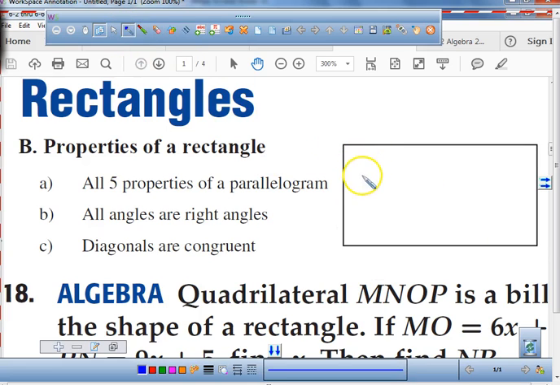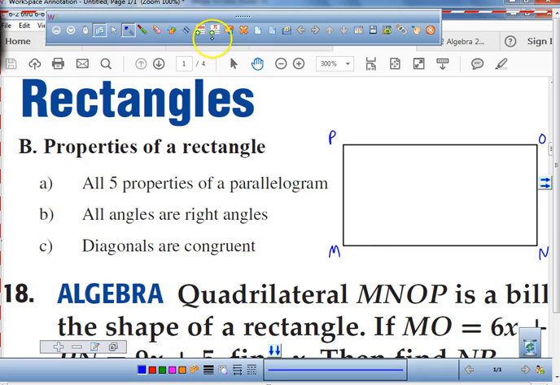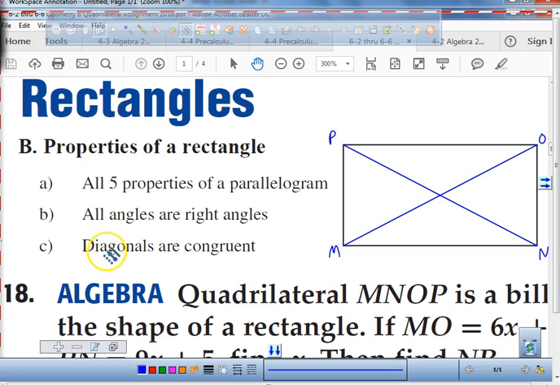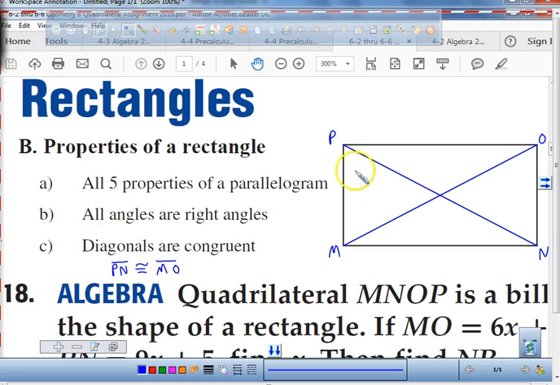All right? And I'm going to look at your rectangle on your page because it has a P, an O, an N, and then an M. And it also has some diagonals that run from M to O and from P to N. So right here where it says diagonals are congruent, one of my diagonals is from P to N, and that is going to be congruent to M to O. So this diagonal is the same distance as this diagonal.